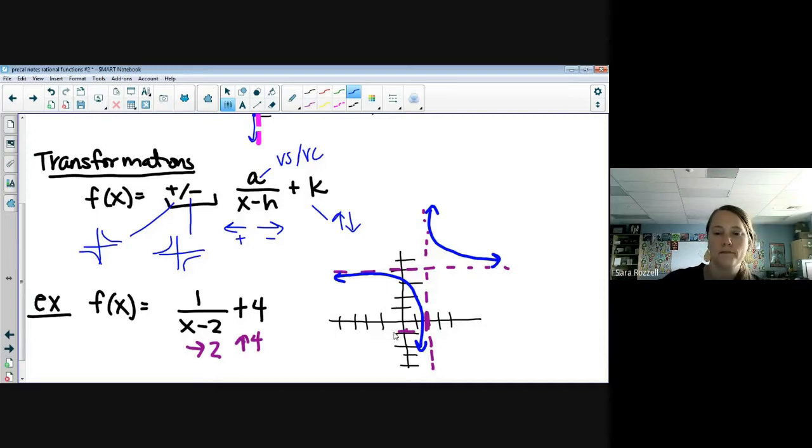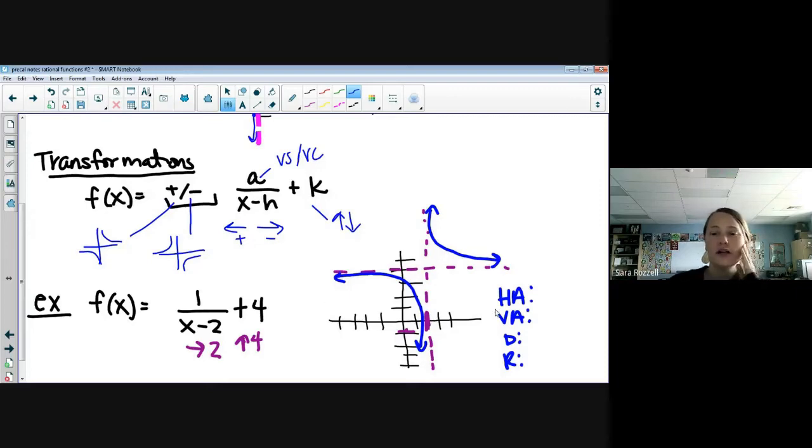All right. So there and there, let's go ahead and write down what our horizontal and vertical asymptotes are and our domain and our range. Is horizontal across or up and down? It is across, right? Where is the asymptote that goes across? What number is that?